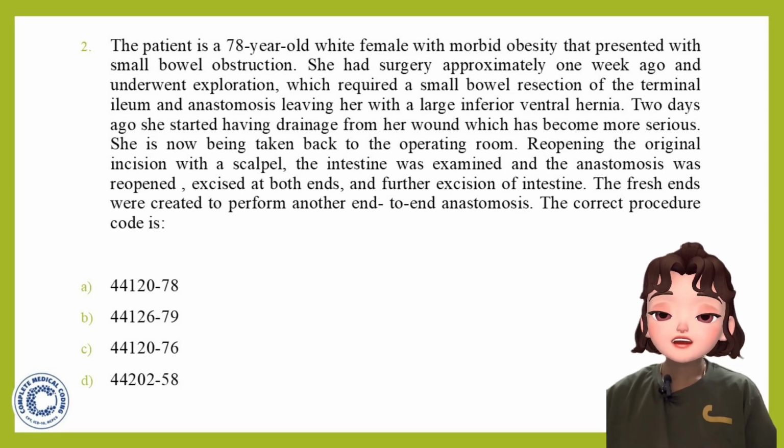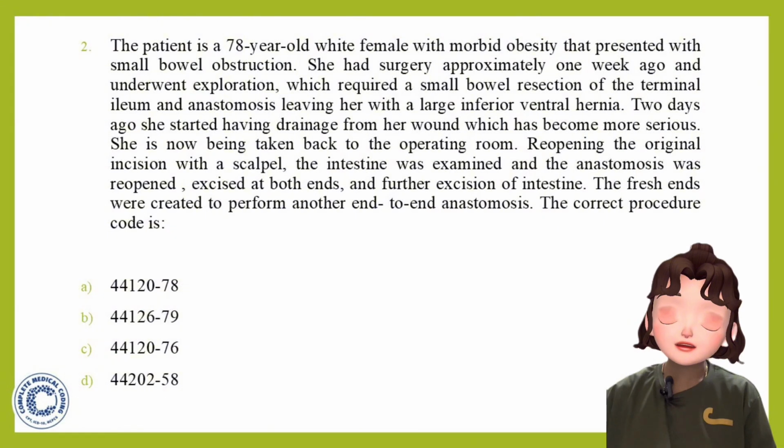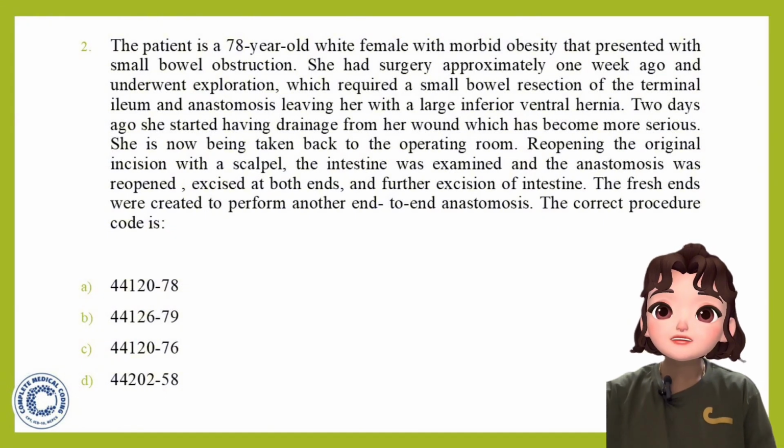You can just check the other options also. What is 44126? The second option, 44126, is enterectomy, resection of small intestine for congenital atresia, single resection and anastomosis of proximal segment of intestine without tapering. No, nothing is mentioned about tapering or anything like that.